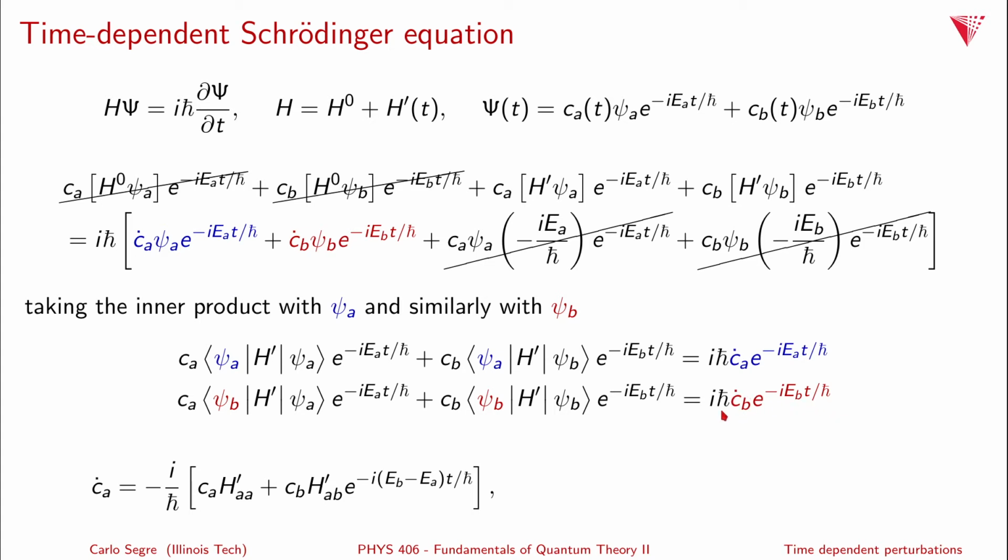Again, we can solve for Cb dot. We get that Cb dot is minus i over ħ, Cb H'bb, which is this matrix element, plus Ca H'ba, which is this matrix element, times e to the i (Eb minus Ea) t over ħ. So these are similar equations, except that here you have a negative exponential, here you have a positive exponential, so a phase shift of 180 degrees.